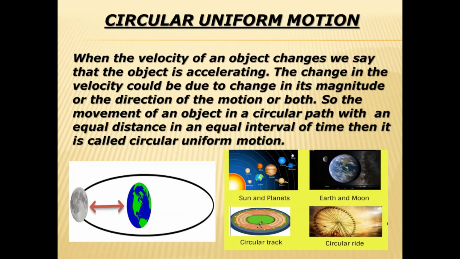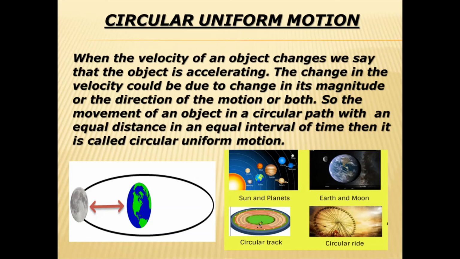The movement of an object in a circular path with an equal distance in an equal interval of time, we call it circular uniform motion. The movement of an object in a circular path with an unequal distance in an unequal interval of time, we call it circular non-uniform motion. It's easy, right?